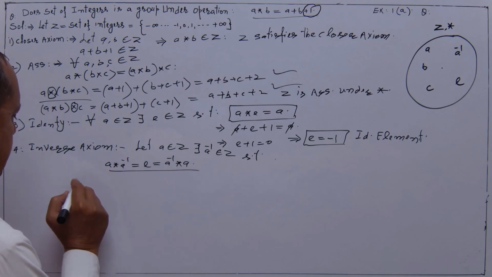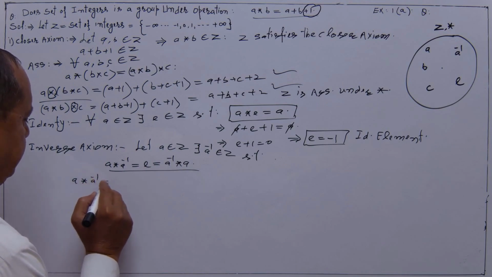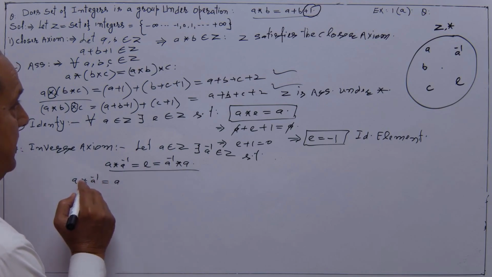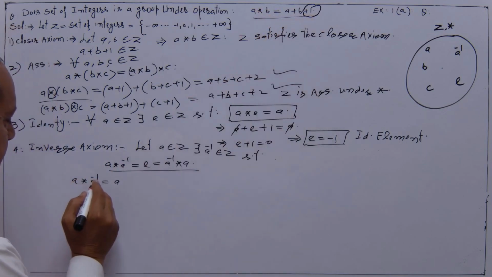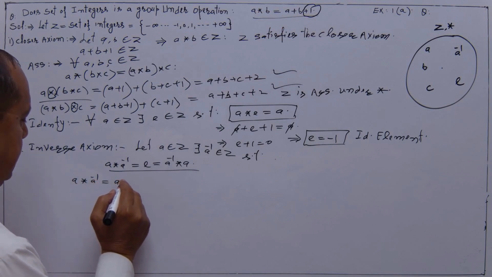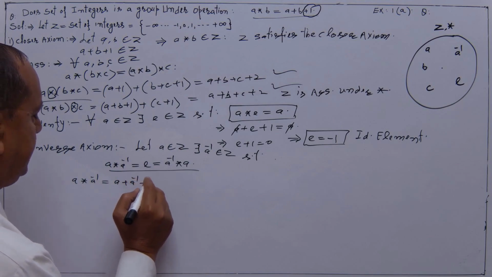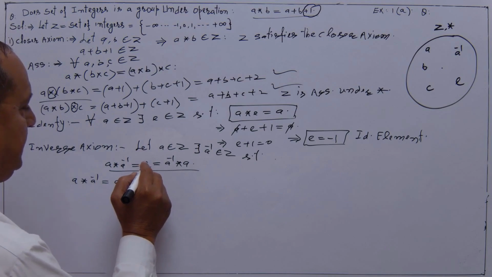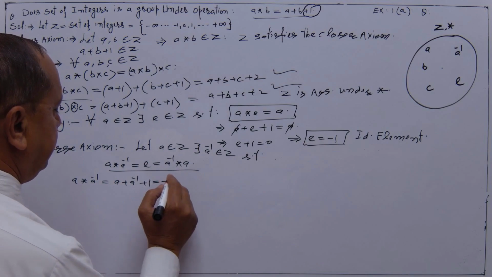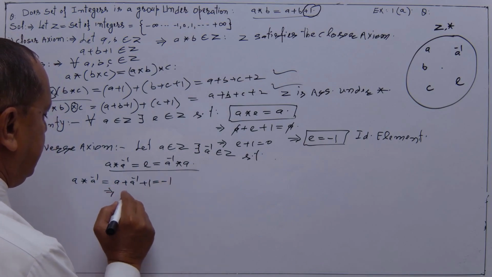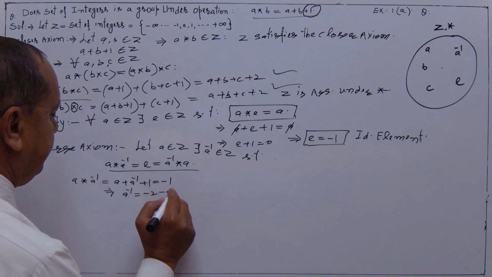Now, as A star B is A plus B plus 1, A star A inverse becomes A plus A inverse plus 1, and this should be equal to the identity element, and identity is -1, which implies that A inverse is equal to -2 minus A.